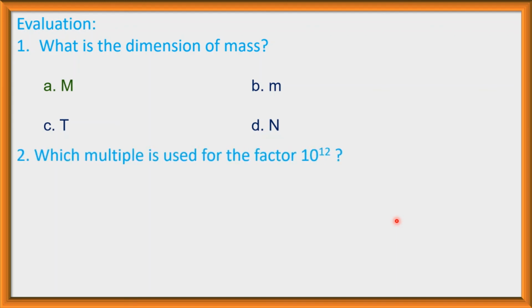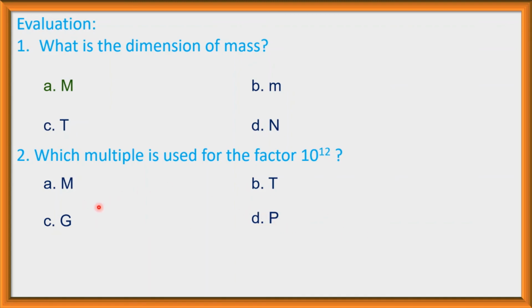Question 2. Which multiple is used for the factor 10 to the power 12? A, M; B, T; C, G; D, capital P. Here M is for mega, T for tera, G for giga, P for peta.